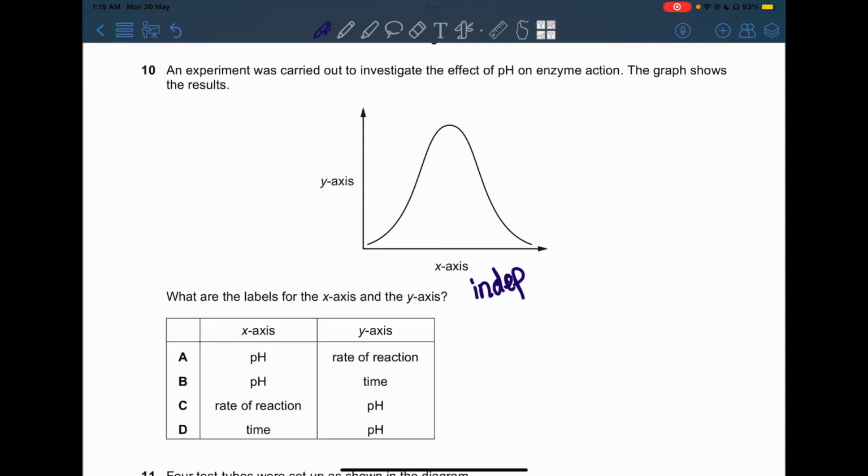So we have to see over here what is the dependent variable and what is the independent. The independent variable is the pH, so we are sure that it's going to be on the x-axis over here, so we're going to be choosing between A and B actually. Now, y-axis is going to be the rate of reaction. That's because it's the dependent variable, so our answer will be A.